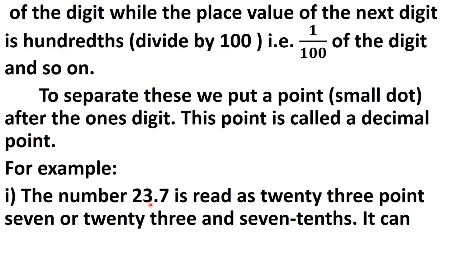So we can read 23 as usual, and the decimal part 7 is known as 7 tenths because 7 is at tenths place. So we can read it as 7/10. So it is 23.7 or 23 and 7/10.